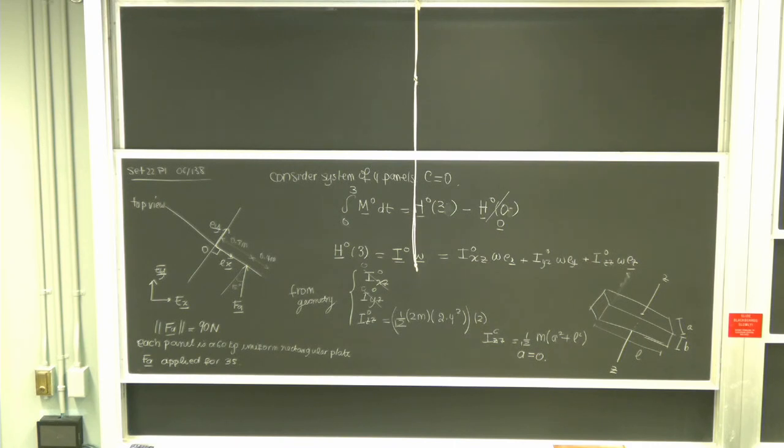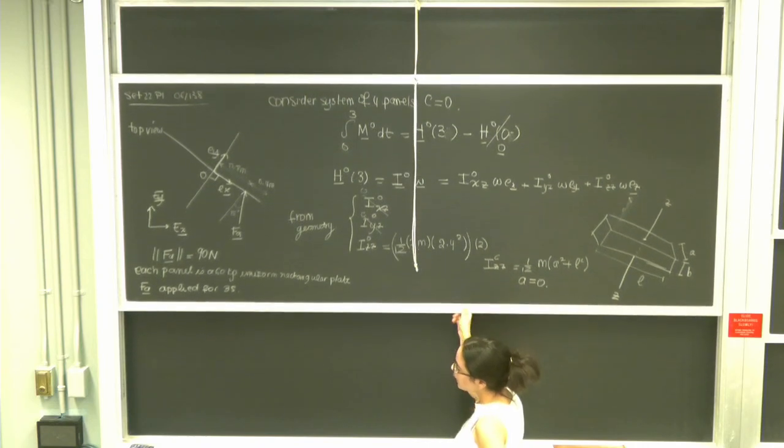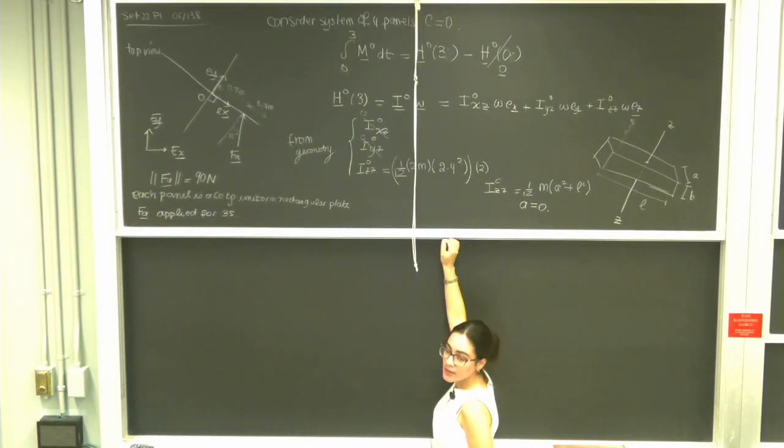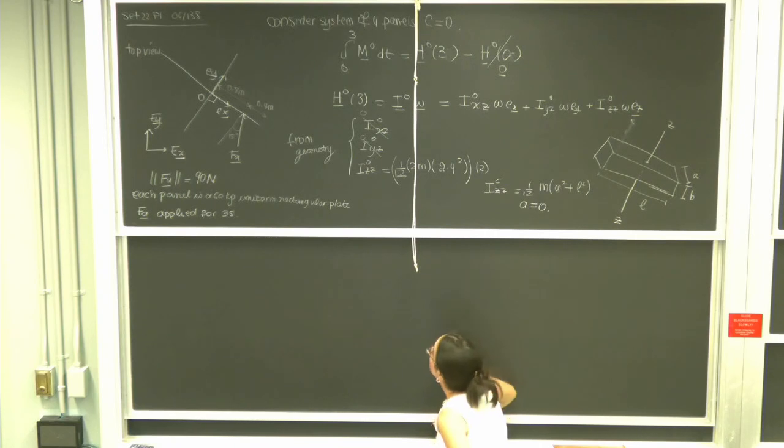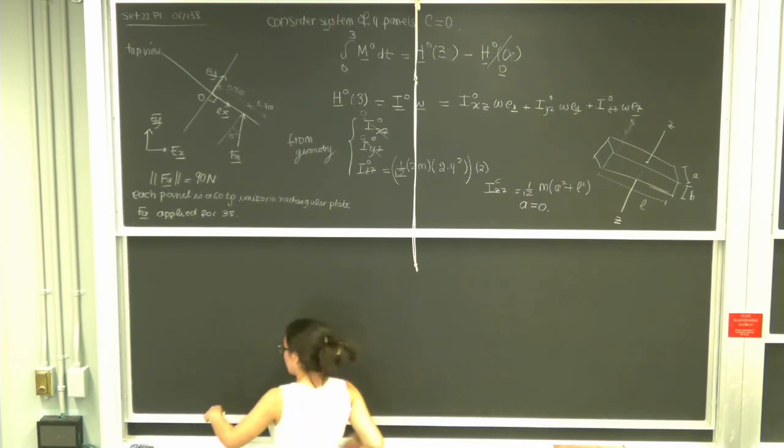Okay, what do we still need to do? The integral, yes, we need to calculate the angular impulse. Before we calculate the integral, let's calculate the moment, MO. So how do I calculate MO?